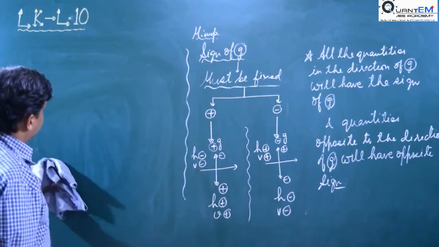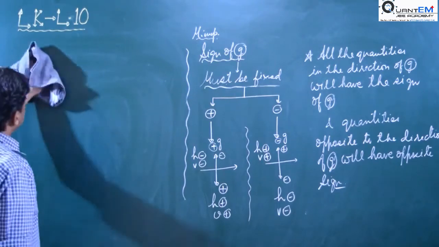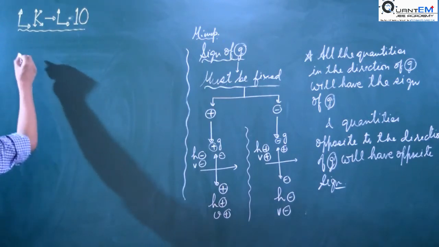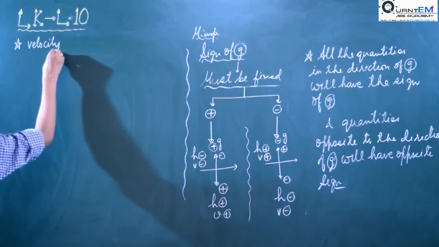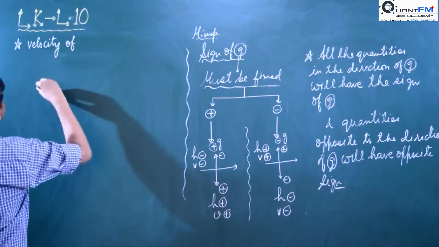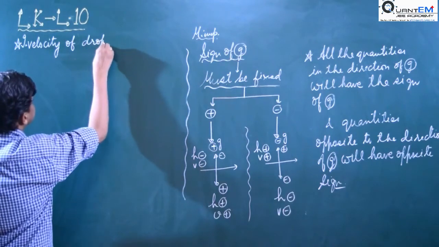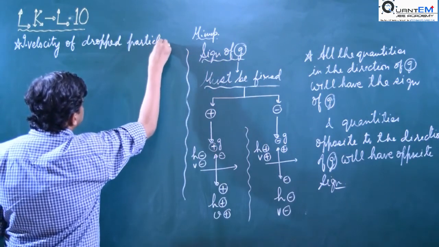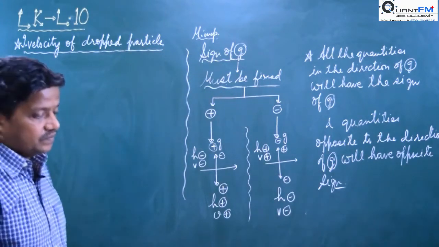Now we come to one more conceptual part, that is what should be the value of the initial velocity for a dropped particle. The initial velocity of the dropped particle.